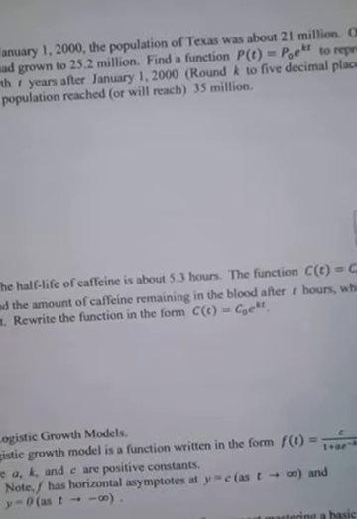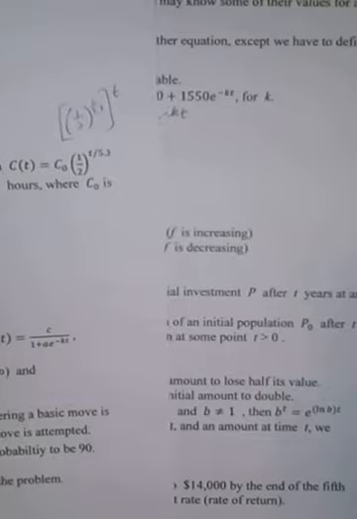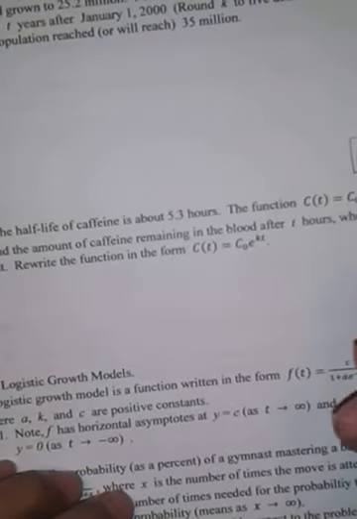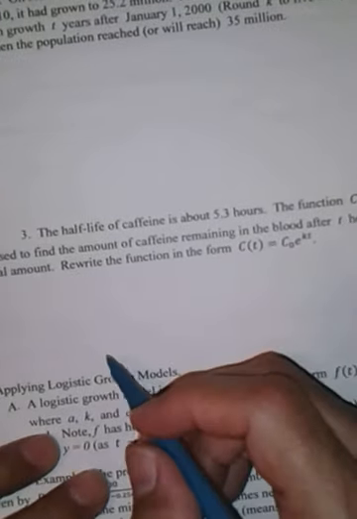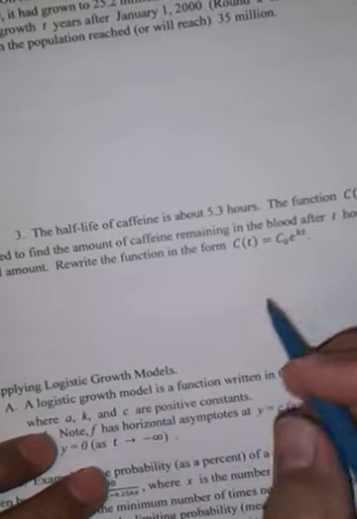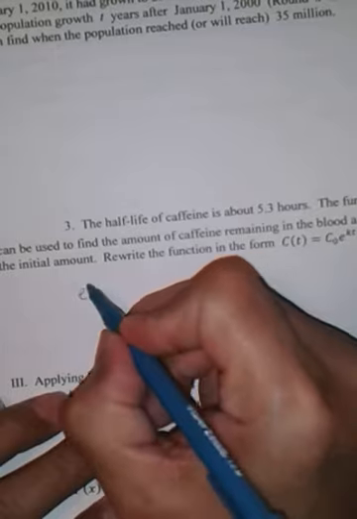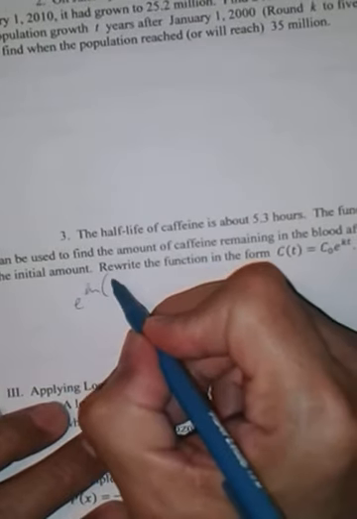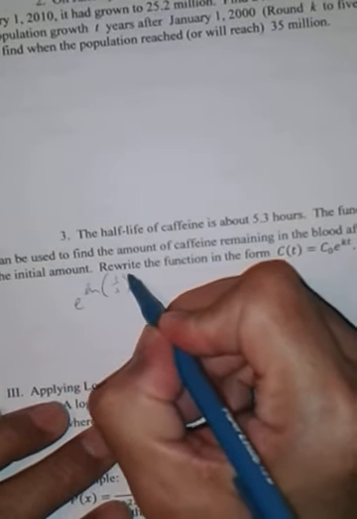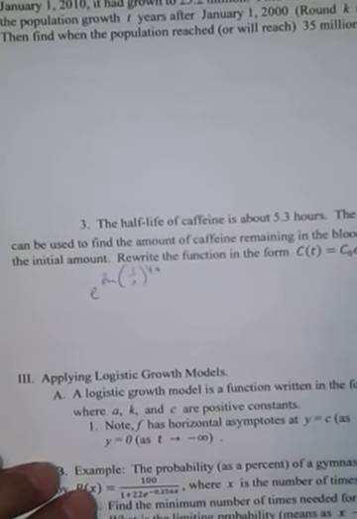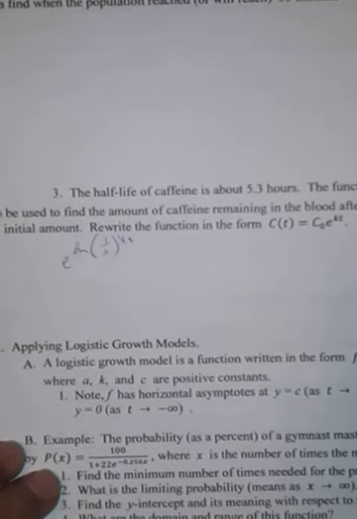So that's our b, and so it'll be e to the ln of that, to the t. So we just need to find out what is e to the ln of 1/2 to the 1 over 5.3. I'm going to stop this video there and we'll finish on the next video.